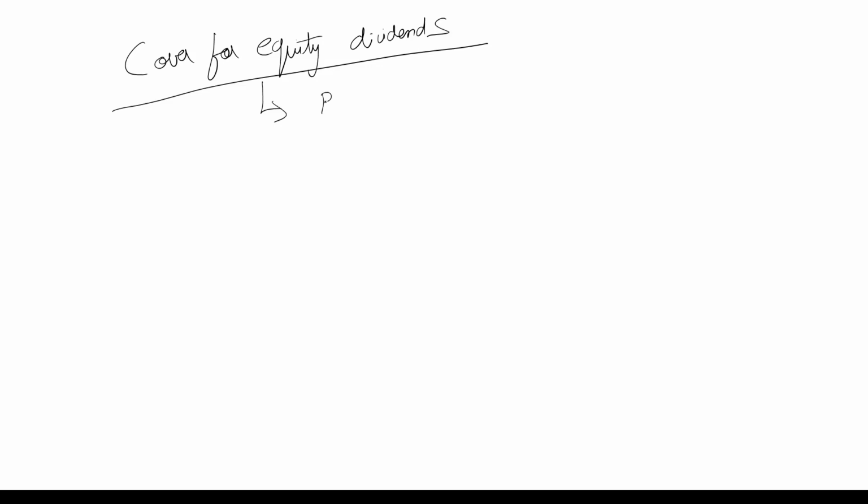This is defined as PAES divided by equity dividend. PAES is profit available to equity shareholders. This is 1,32,000 in our problem here.